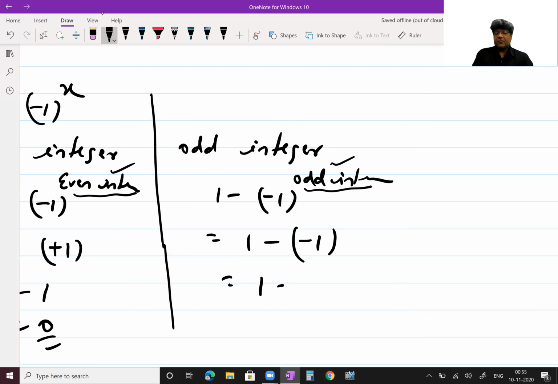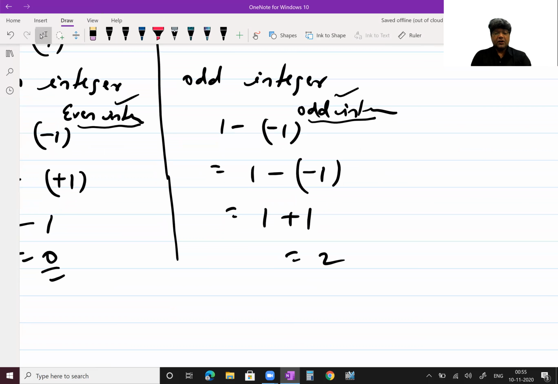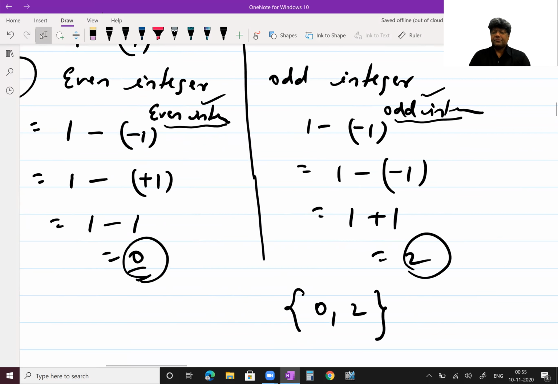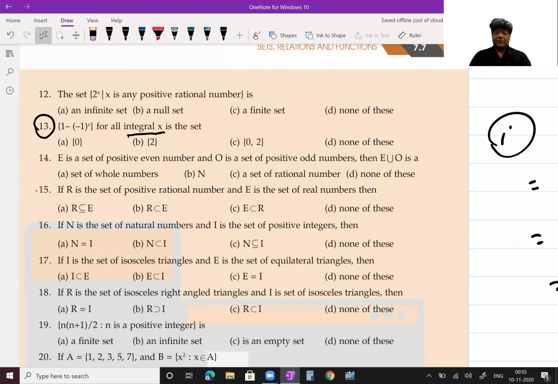So ultimately it will be 1 plus 1 is equal to 2. That means two answers are possible. Which two? Either 0 or 2. So what will be the answer? 0 or 2. Which question number? Yeah, 13 number. So your answer here, C, 0, 2.